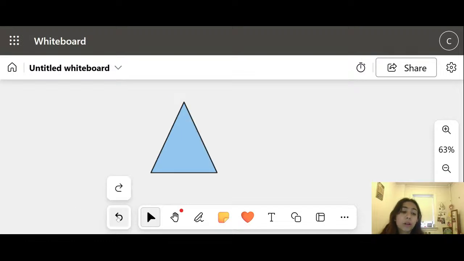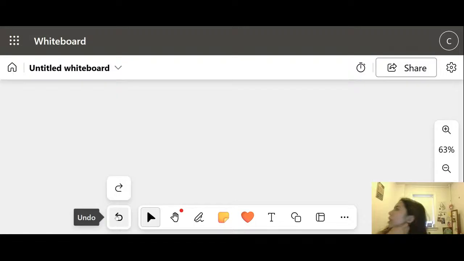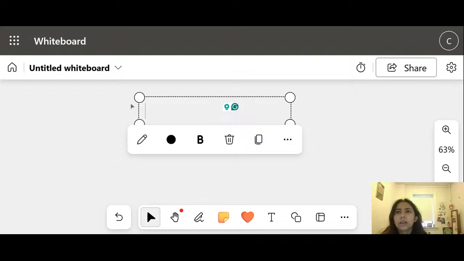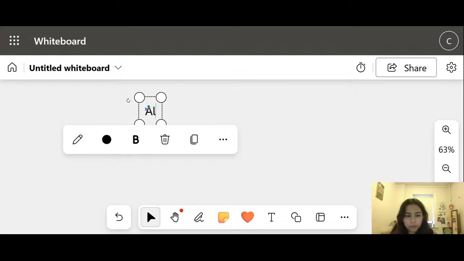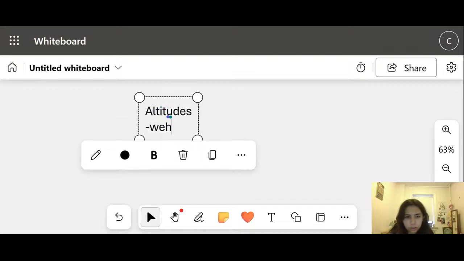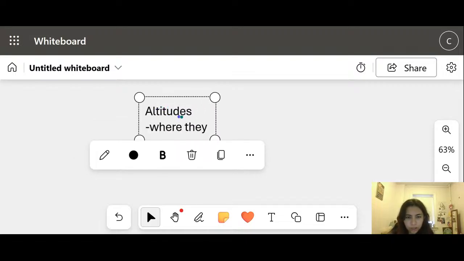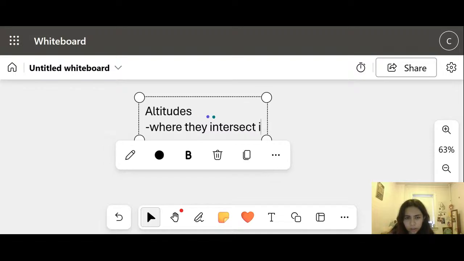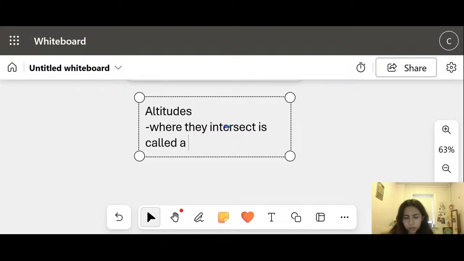I need to remember how to draw an altitude. How do I draw an altitude again? Let's review that actually. Let's write it down. Altitudes, where they intersect is called... not a circumcenter. That's perpendicular bisectors.